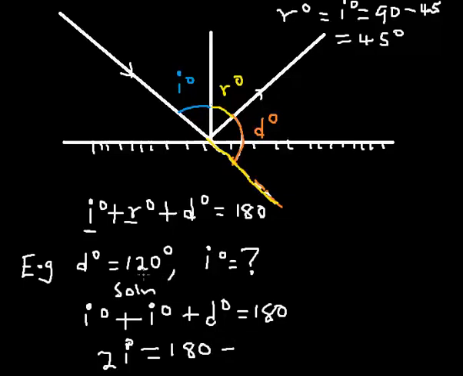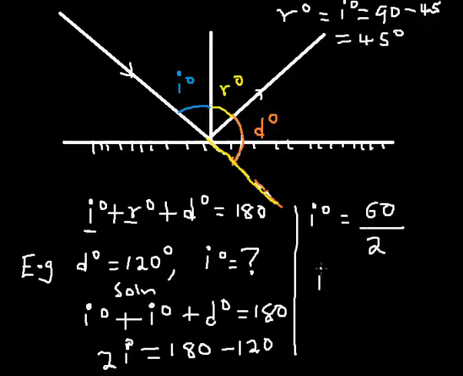The deviation that was given is 120 degrees. So that simply means that my angle of incidence is going to be equal to 180 degrees minus 120, that gives me 60. Don't forget I have to divide by 2. 60 divided by 2, so that means my angle of incidence from the angle of deviation is going to be 30 degrees.